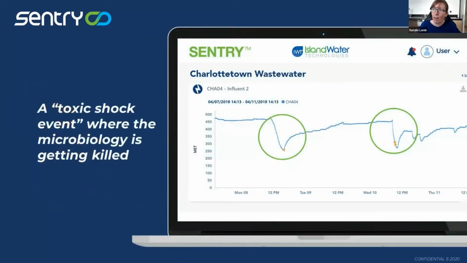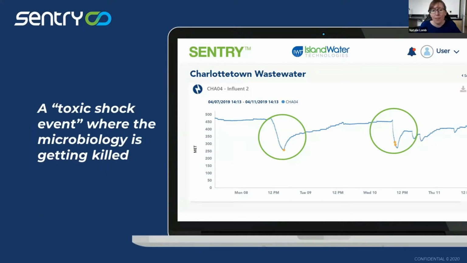So an example for you. This is what the platform, the dashboard, looks like for SENTRY itself. I've circled in green here examples of toxic shock events. You can see the blue line. Those are the microorganisms, the respiration rate of those organisms. It's perfectly steady, and then there's a sudden drop.